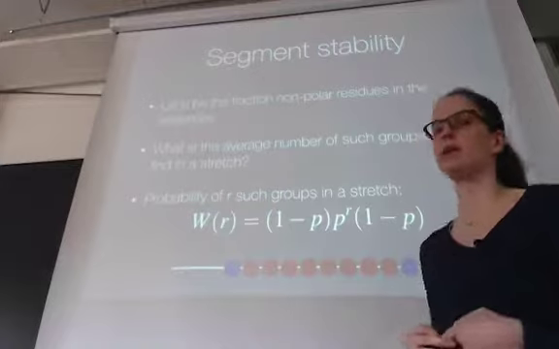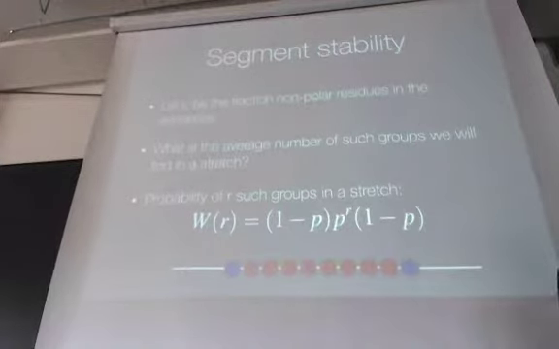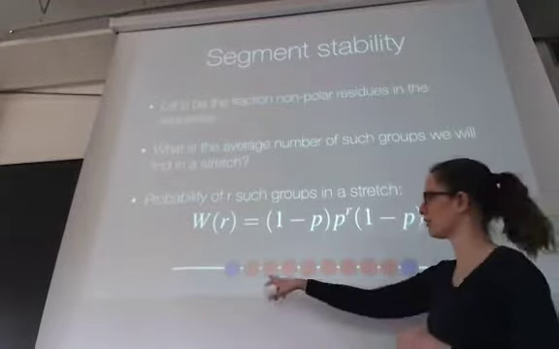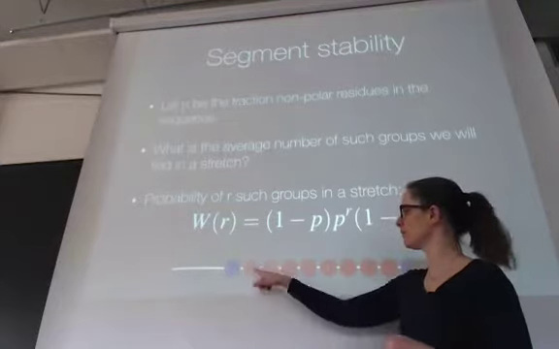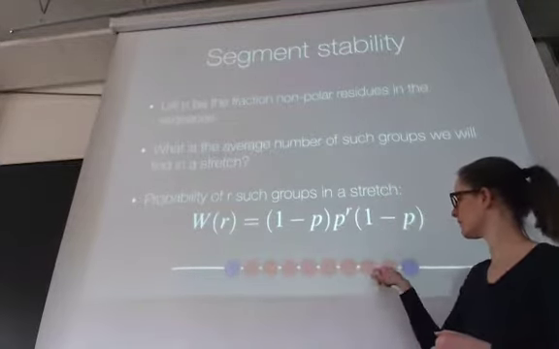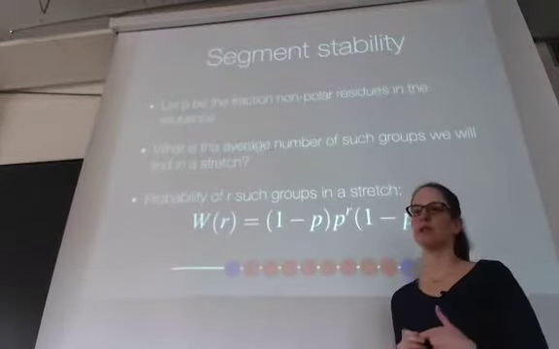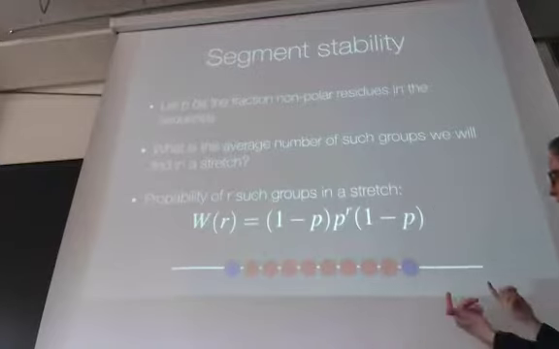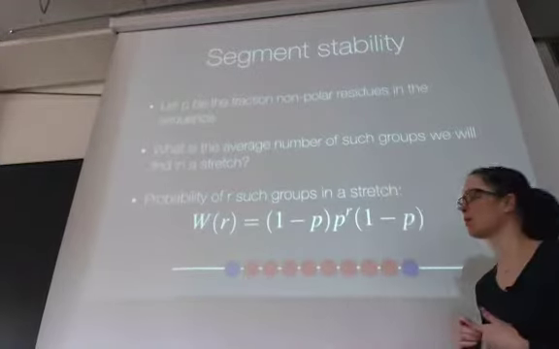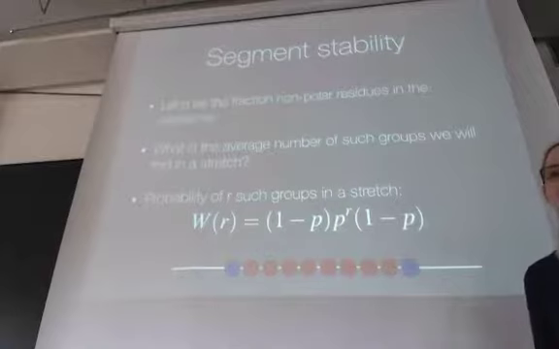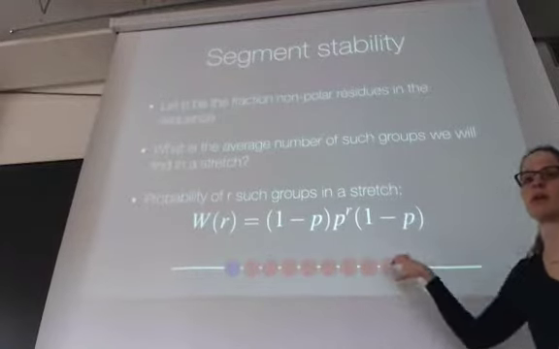So we're going to call P the property that leads to this secondary structure. So let's say we call P the propensity of the amino acid or of the structure to form. And so here you would have 1, 2, 3, 4, 5, 6, 7, 8 elements with property P. And then you need to have 2 elements that are with property 1 minus P. Because if this was red, then you would have a longer helix.